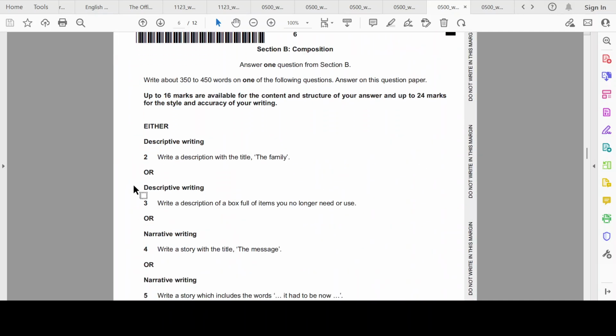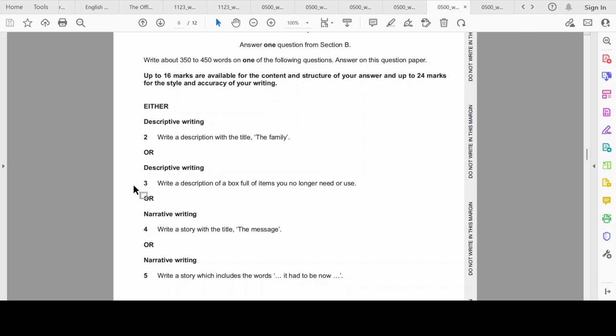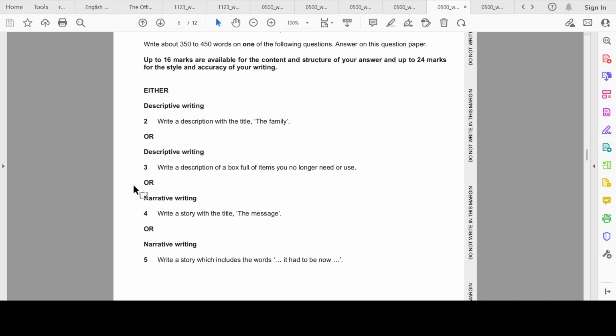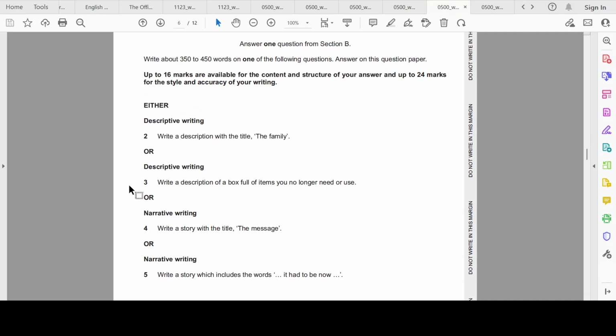And then you've got the composition. So the descriptive is, I mean, they have descriptive and narrative, right? So it's the same. The way the prompts are presented are a bit different. So write a description with the title, the family.